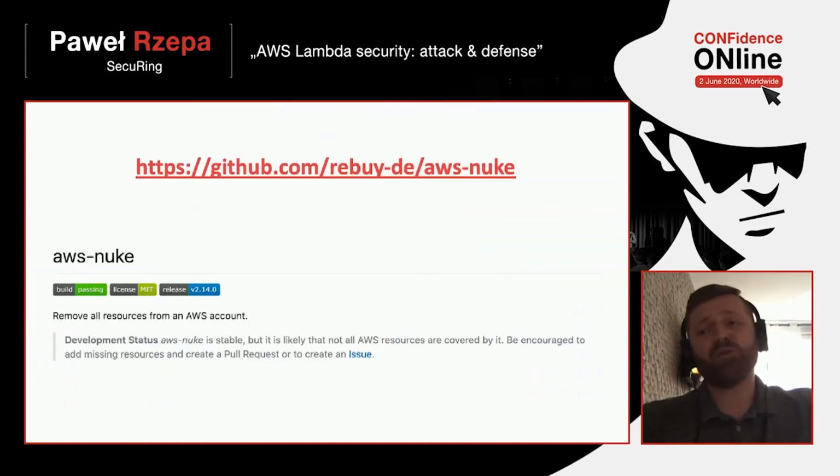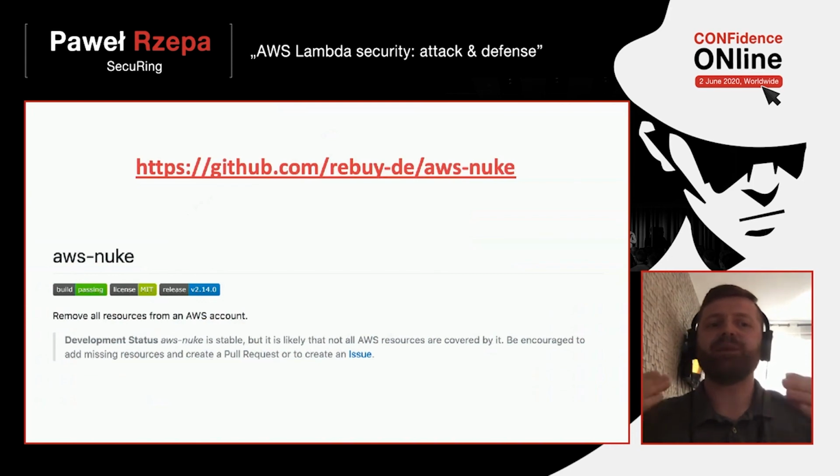Of course, it would be better to use CloudFormation templates or Terraform, but when we are doing something just for test, just as a proof of concept, then it's much easier to do it manually. And if you're doing it, then I recommend you use AWS Nuke.